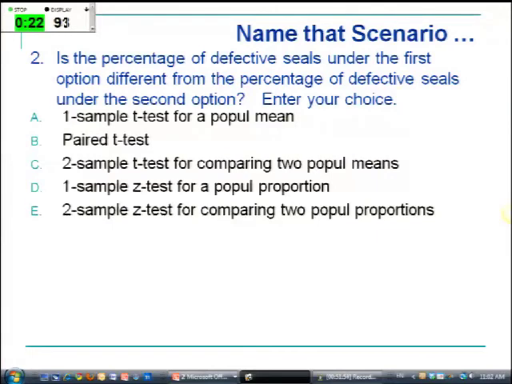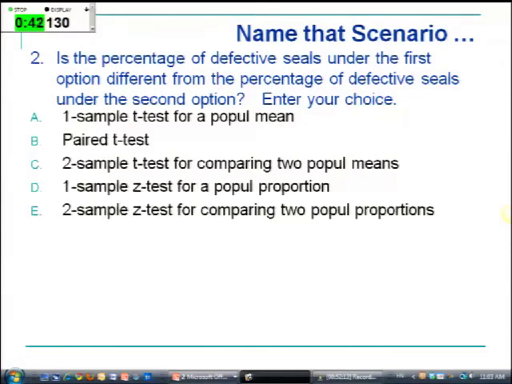So we'll take a bunch of bakes and have them be sealed under the first option. That's a good seal. That's a good seal. Oh, that one's defective. Record whether the seal was a good seal or not. Do the same thing for another set that were fused together under the second option.